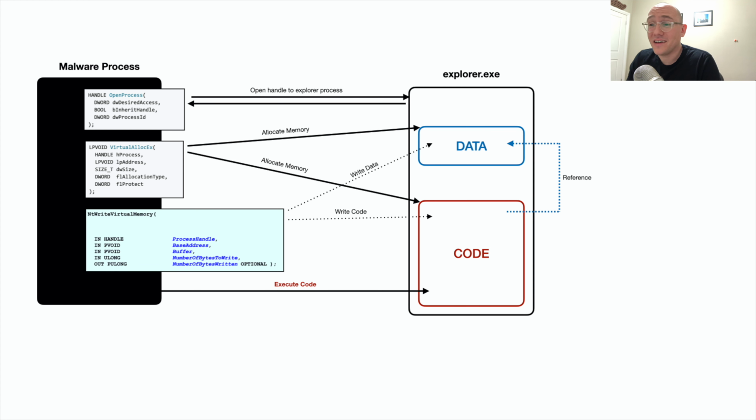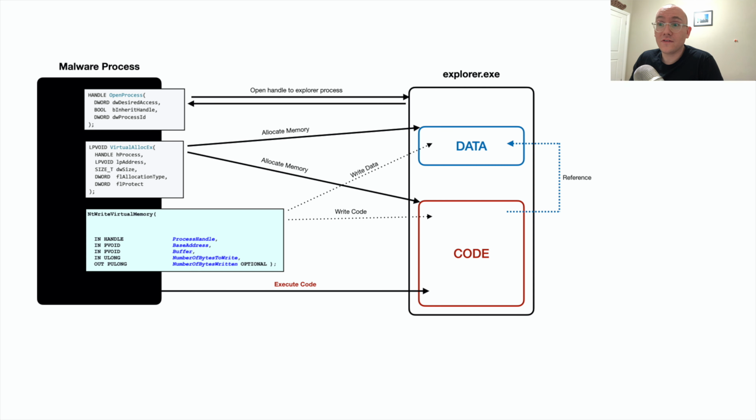So if I had to guess, they're probably going to write some data into explorer.exe. Then they're going to inject their code into explorer.exe. Then they're going to pass execution into the injected code, which is then going to expect that data to be in explorer.exe. I did take a quick look at this before, and I think that's what they're doing. And looking at these API calls, it definitely looks like that's confirmed.